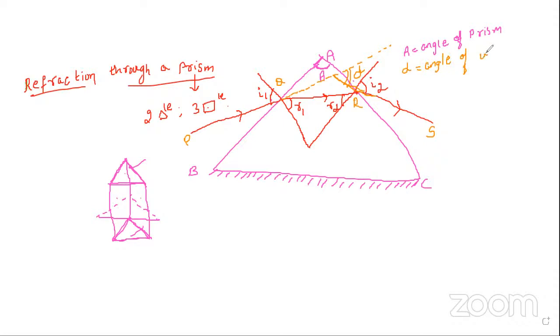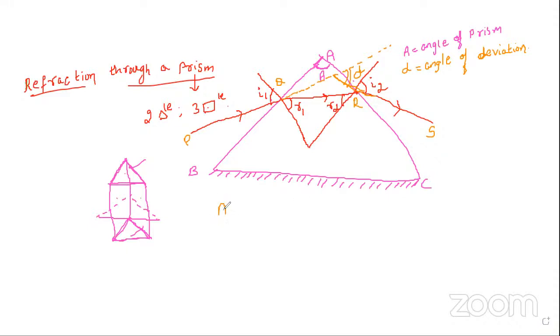Okay, so what does that D represent? Angle of deviation. Yeah.